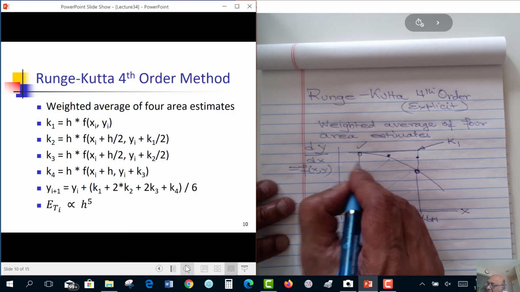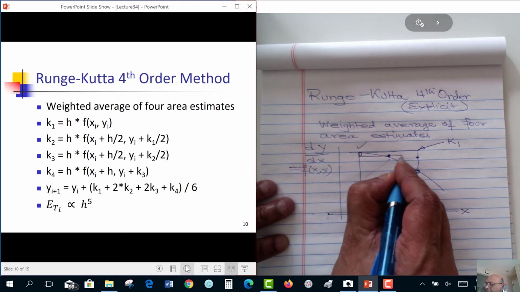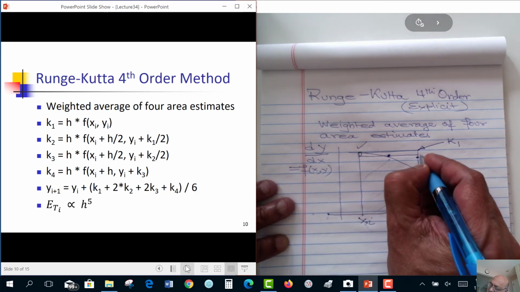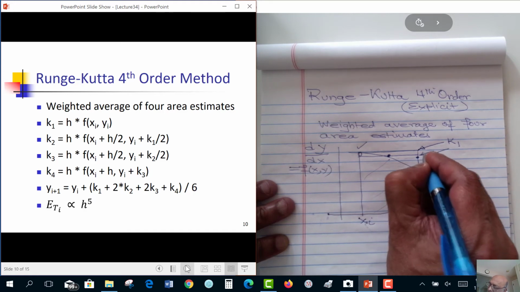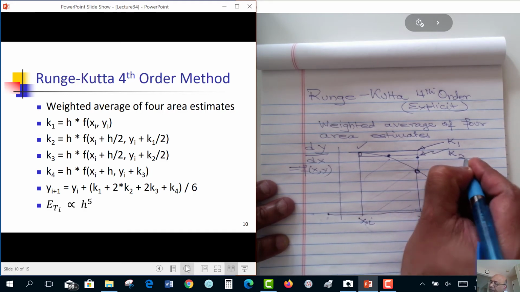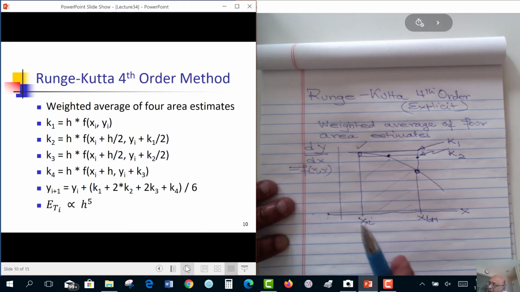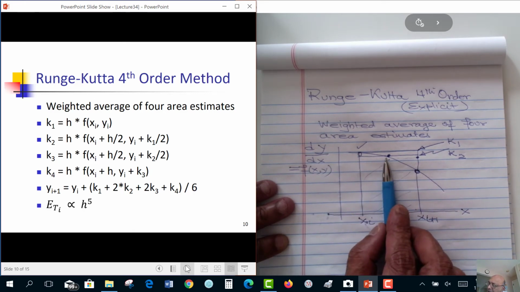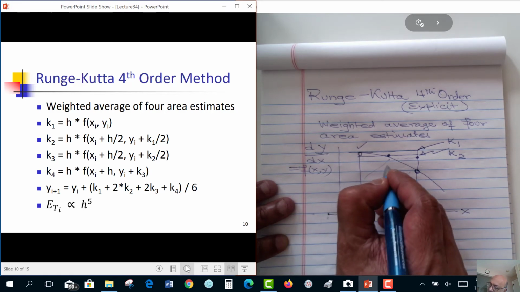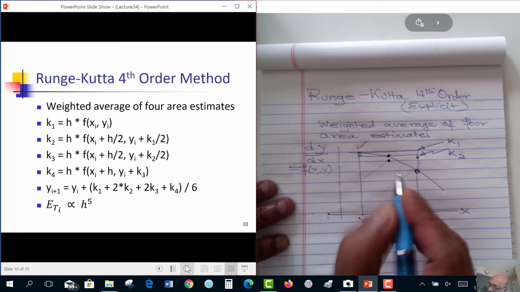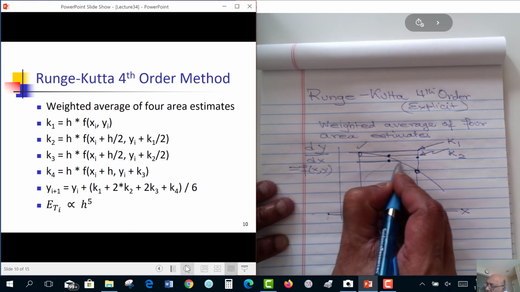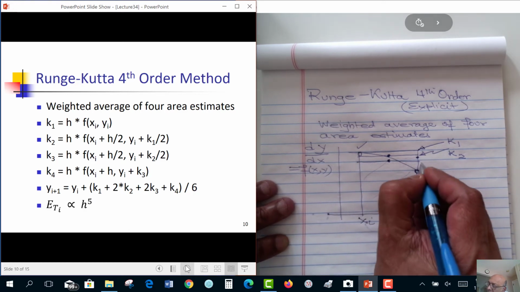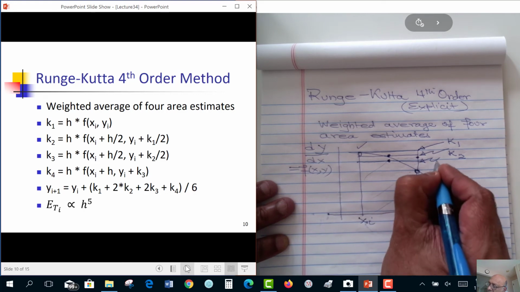And we build another rectangle. So using that rectangle, we get K2. Then using this new area, we again predict the slope value in the middle. Let's say it comes out here. So we build another rectangular area, K3.